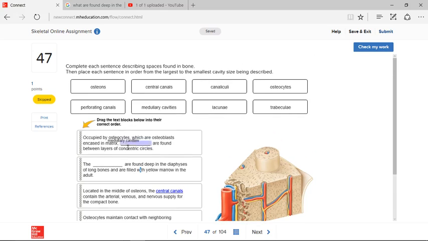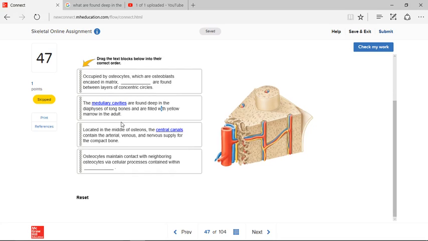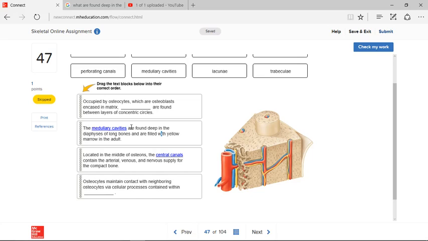So medullary cavity will be right there. We're going to have to look at the next one, the lacunae with the bony matrix of lamellae, which form concentric circles around central canals. Alright, but that is not between.